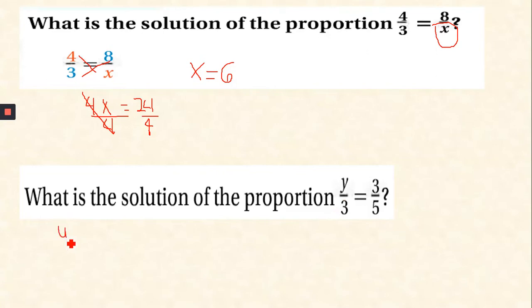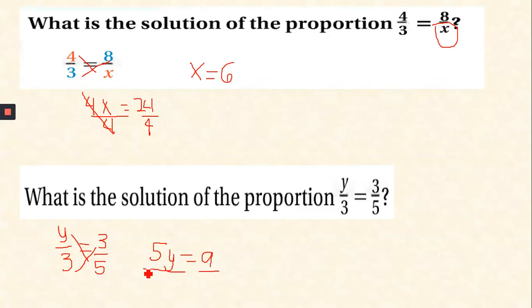The next one: what is the solution of the proportion y over 3 equal to 3 over 5? So you are going to find the value of y. All you need to do is apply cross multiplication. So y times 5 is equal to 5y, equal to 3 times 3, that is 9.